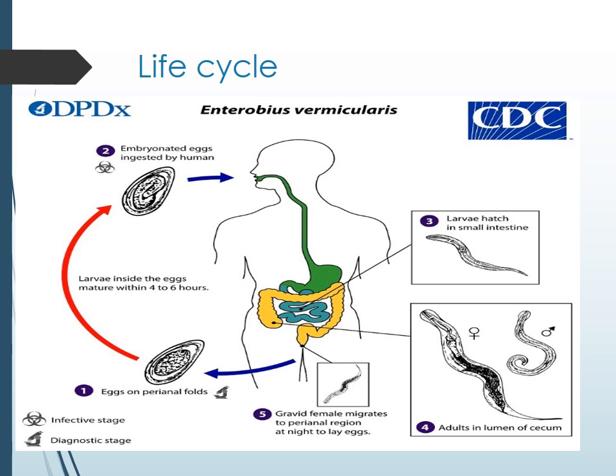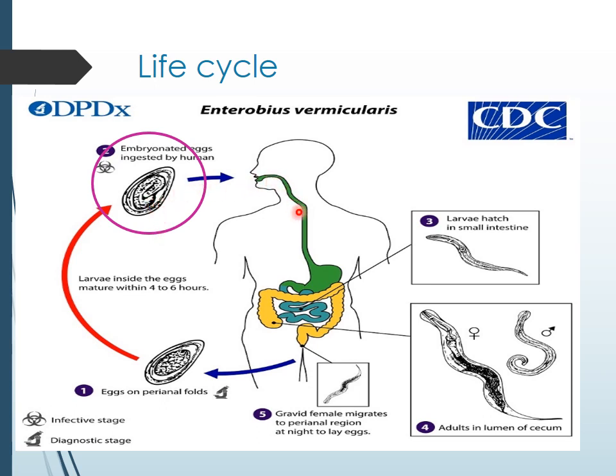Now, life cycle. Again, it is a very simple life cycle because human is the only host of this worm, and the transmission, like many other intestinal nematodes, is fecal-oral. The infective form is the embryonated egg, which is ingested by the human being.